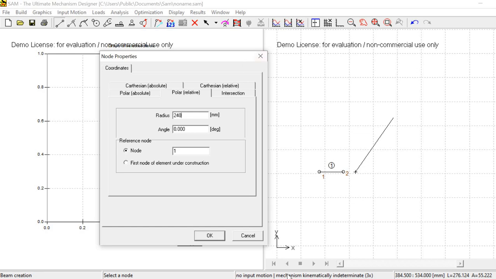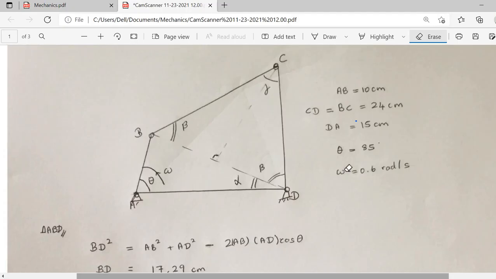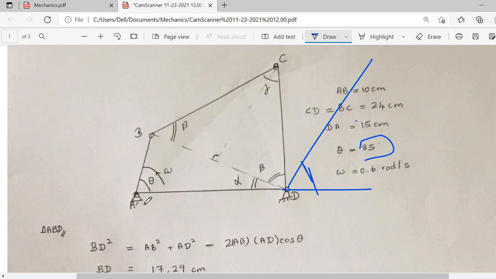Otherwise, we can't use it like this. So here I think I have already found the value of this angle for 85. So for using that software, you need to find the values of these angles already. So that's a little bit of an issue.